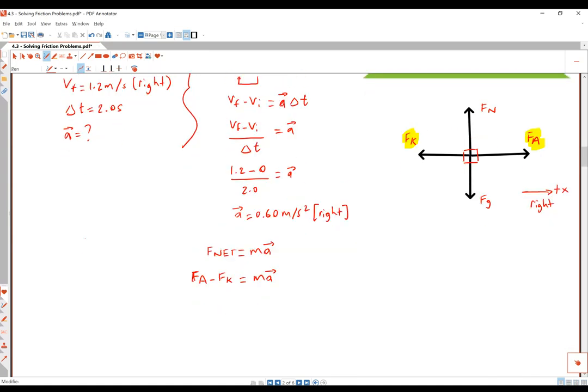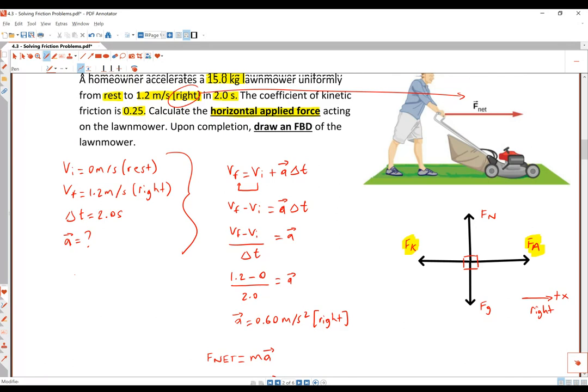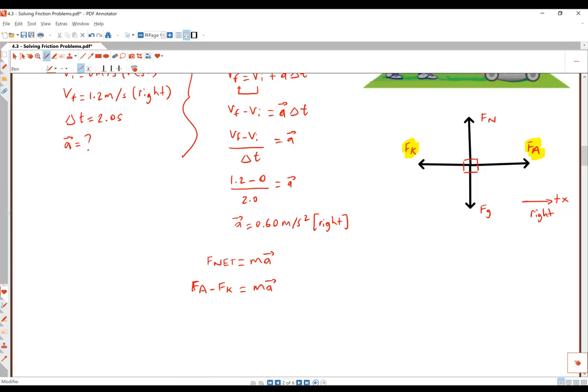Now, the question's asking us to calculate the horizontal applied force. We don't know what the horizontal applied force is. That's what we're looking for. We have mass, we have acceleration from the previous part. We need to calculate kinetic friction.